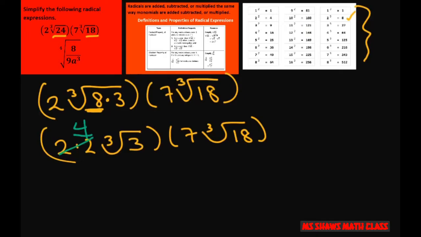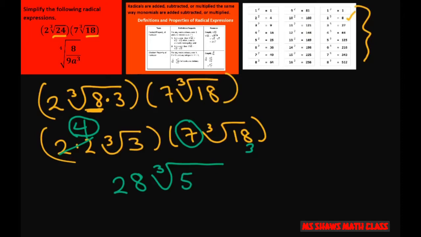So this is going to be 4 times 7 is 28. And you're going to do cube root of 3 times 18, which is 54. I can also break this up with 27, because 27 times 2 is 54.